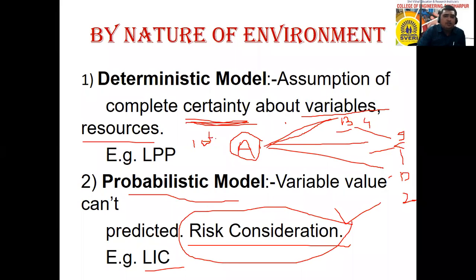Your age, your income, your dependent persons. All that data is collected, and then the per year premium is decided. And in that per year premium, the risk cover is again added, accidental risk, etc. So by the combination of these things, our LIC premium is secured. So this is called the predictive model. This is called the probabilistic model.